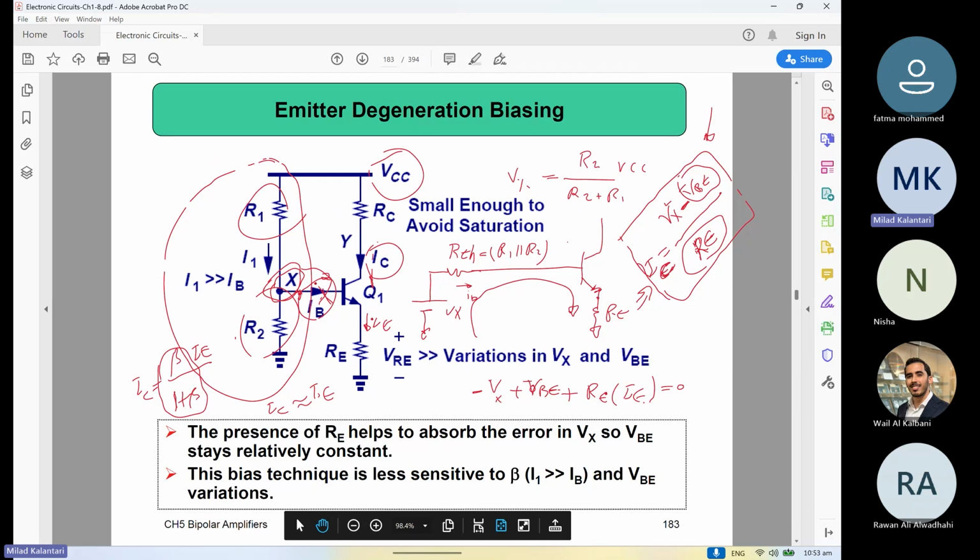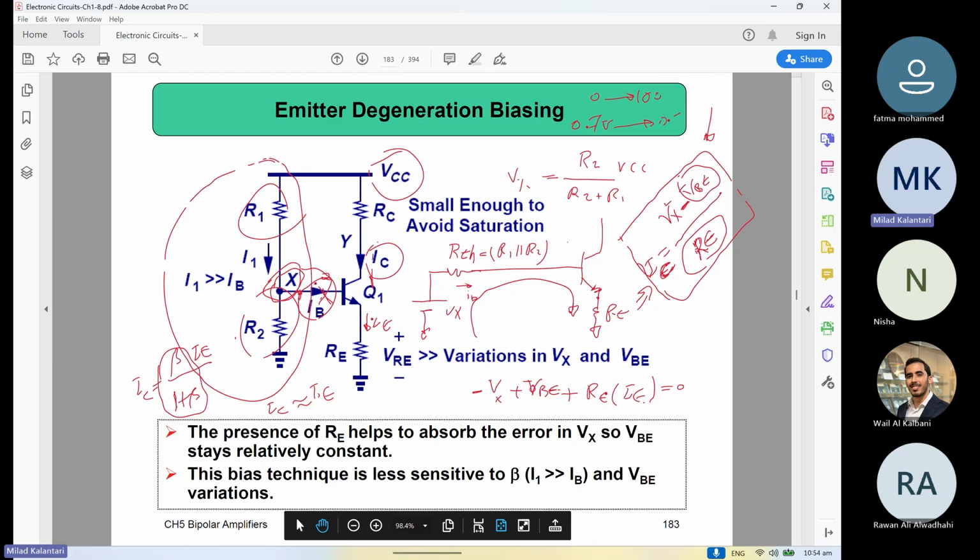How about the temperature variation? Right? True. If you change the temperature, let's say we change the temperature from 0 to 100 degrees, the VBE starts from, let's say, 0.7 volt to what?